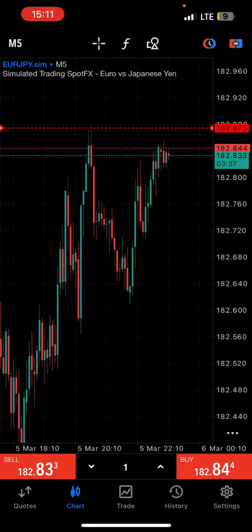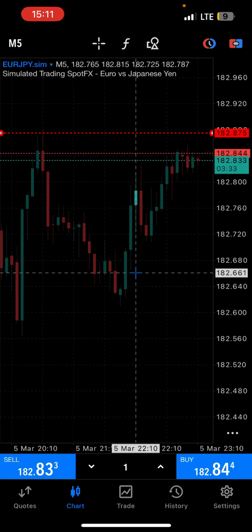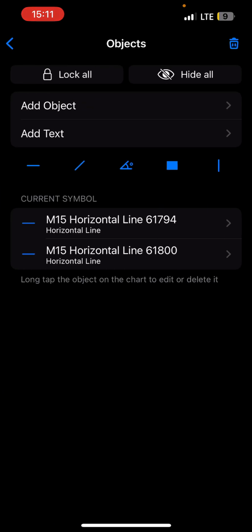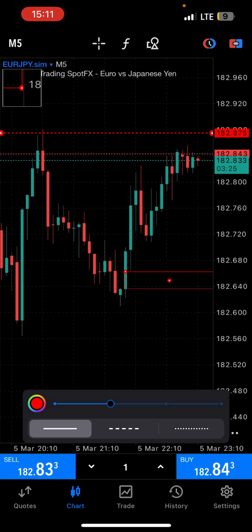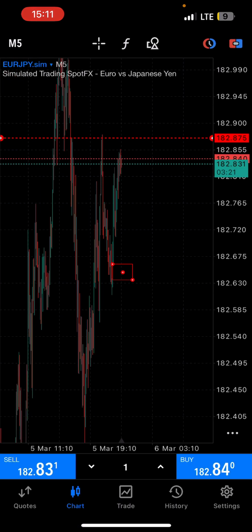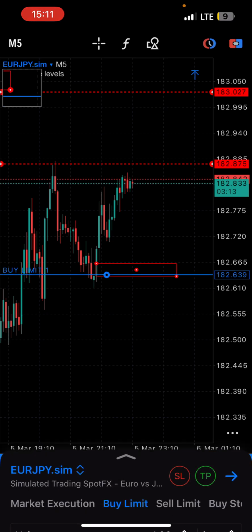And let's say, for example, this one was filled. There's no inefficiency here. There's slight inefficiency here. So I'll go ahead and do a rectangle for that one. And so there's this zone. Price could trade within it. If it comes down and breaks below this low right here, this is what I'd have it set up as.